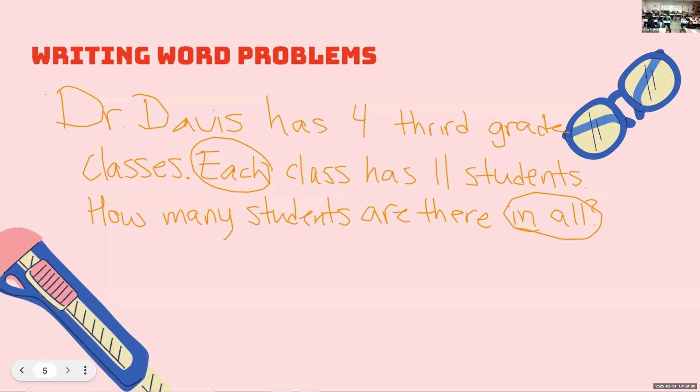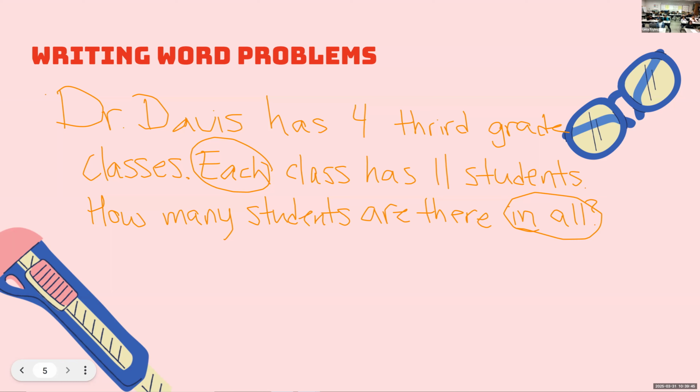Right. So you have your each or your keywords. When you're writing a multiplication problem, you want to make sure that you're adding in keywords so that when somebody else is trying to solve your problem, they know that it's multiplication.